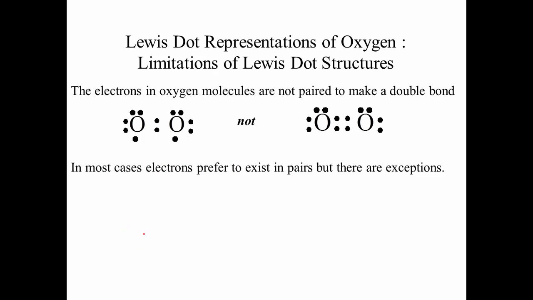So Lewis structures are very useful for understanding the bonding of molecules, but there are exceptions and limitations. There are exceptions to the octet rule, as we'll see in class. And there are additions to tweak the Lewis structure, concepts like resonance.